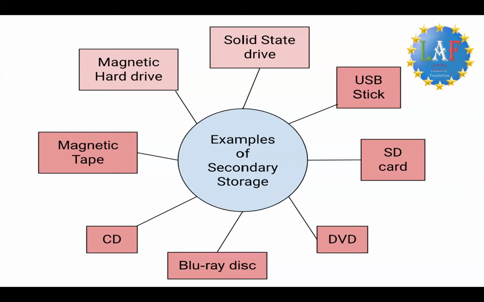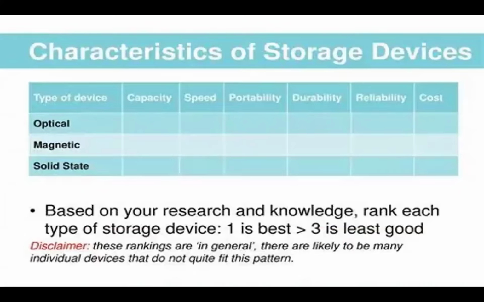Solid state devices like USB sticks and SD cards use flash memory, fast and durable. And then we also have cloud storage, like Google Drive or OneDrive. They are remote servers accessed via the internet. Choosing the right storage depends on speed, cost, durability, portability, and capacity.